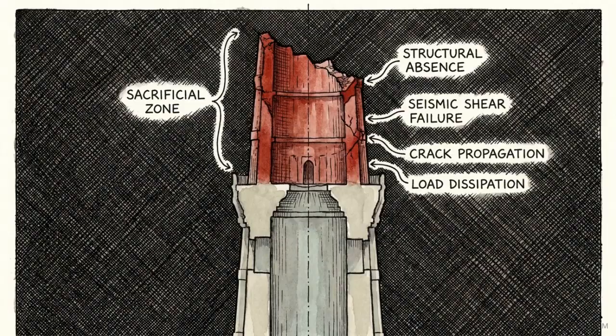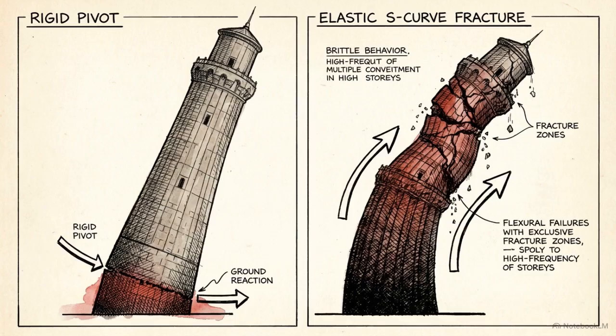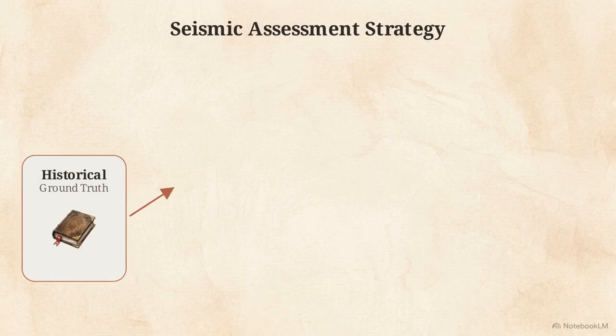The discrepancy between static and dynamic behaviors is a warning for those assessing ancient masonry. Pushover analysis must be used with caution on tall, irregular structures, as it can overlook critical higher mode influences. True seismic assessment requires a stepped strategy, beginning with historical background research to establish the ground truth.